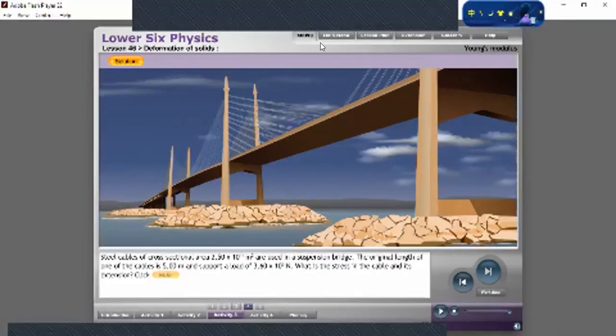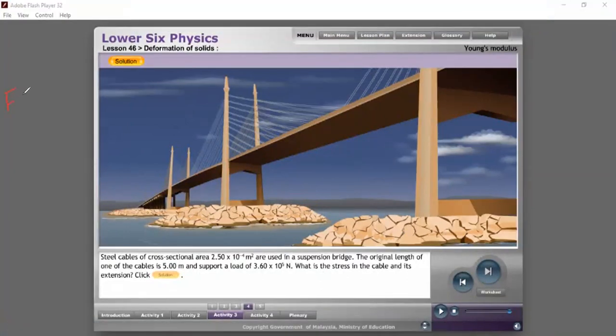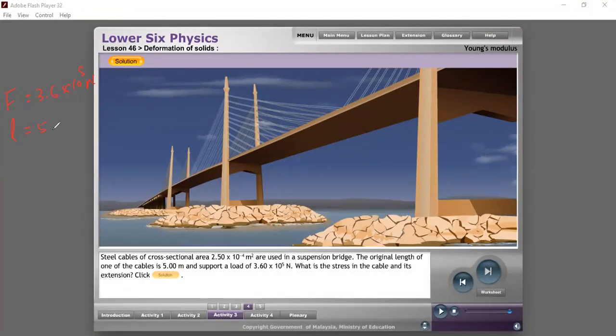So from here, what we have is F equal to 3.6 times 10 to the power 5 newtons, and the original length L is equal to 5 meters, with the cross-sectional area equal to 2.5 times 10 to the power -4 meter square.